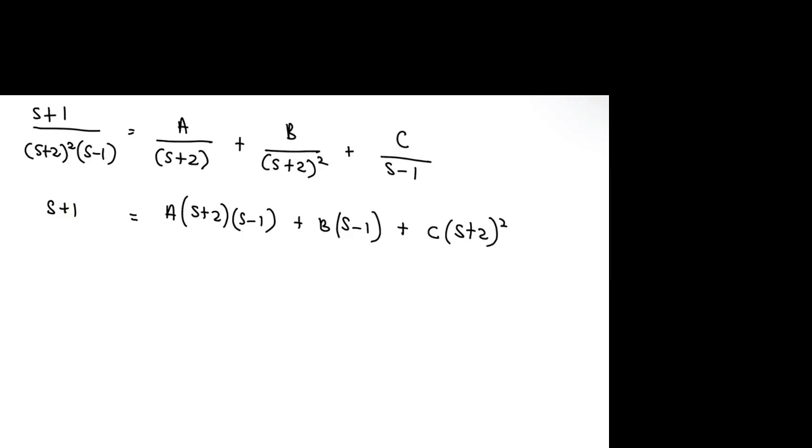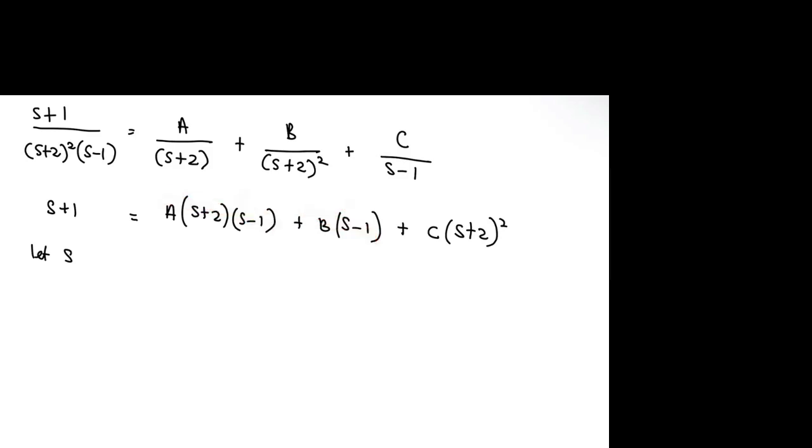Or method 2, let's choose a value for S. Let's find whatever value is easier. First, let's solve for C. I think if I choose S equal to 1, A will be 0 and B also 0.